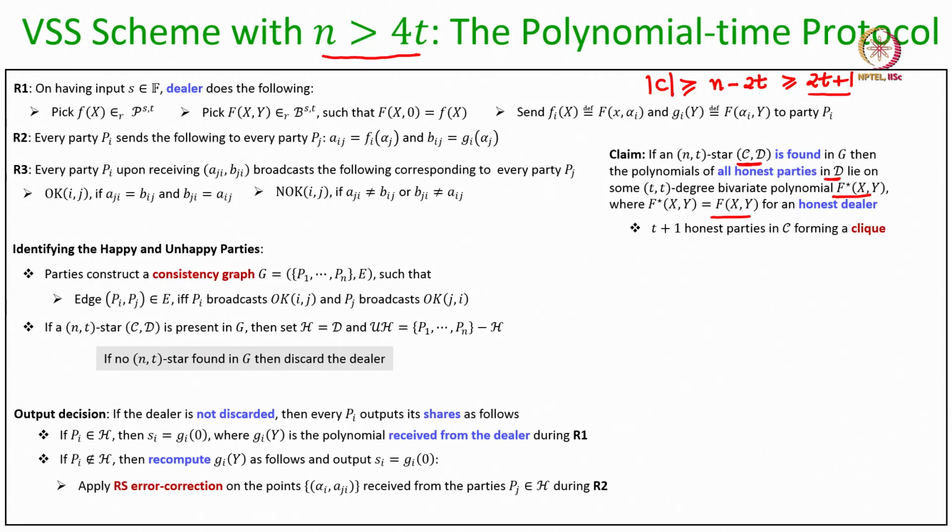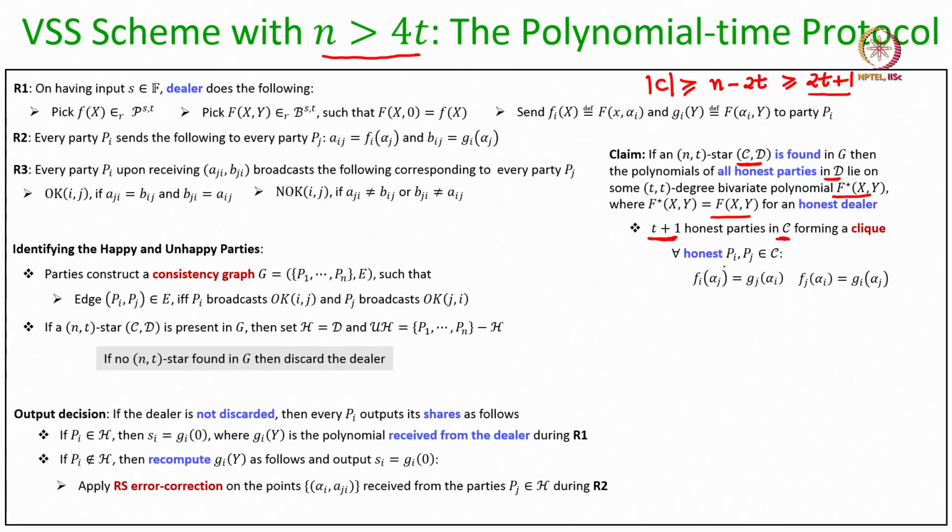Among those 2t plus 1 parties, up to t could be corrupt. That means there are at least t plus 1 honest parties in the C component of the star. And remember, the C component of the star constitutes a clique. That means there are at least t plus 1 honest parties in C which constitute a clique. That means they have broadcasted an OK message for each other.